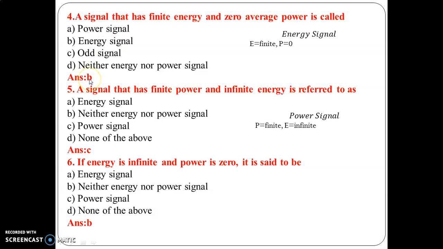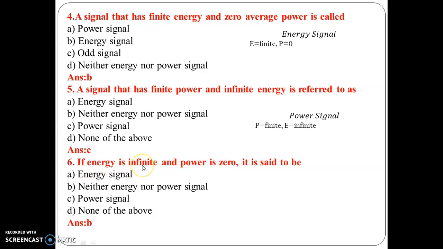So option B is right. Next, a signal that has finite power and infinite energy is referred to as. Basically, a signal that has finite power and infinite energy is referred to as a power signal. So option C is correct, right?